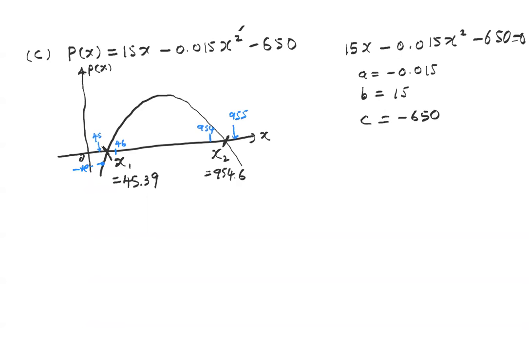For the upper one, you have to round down. Therefore, in order to get profit, the number of plates produced must be minimum 46 and maximum 954. Are you clear?